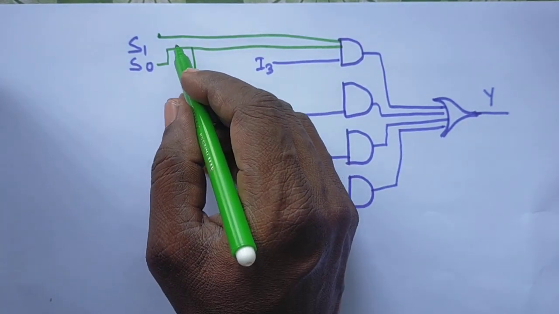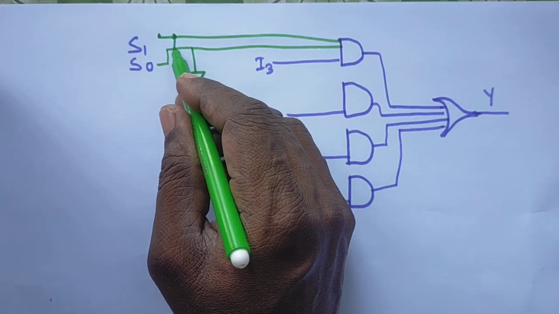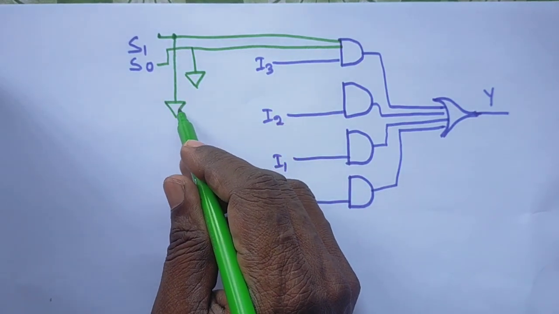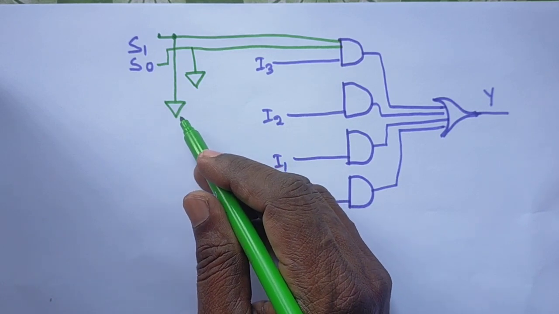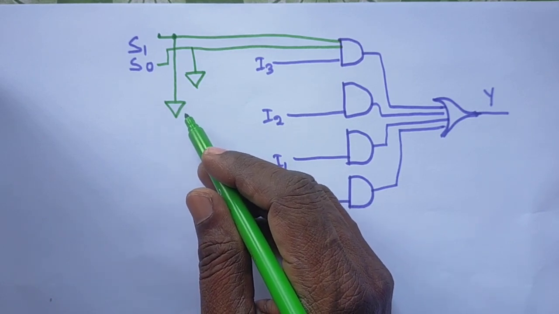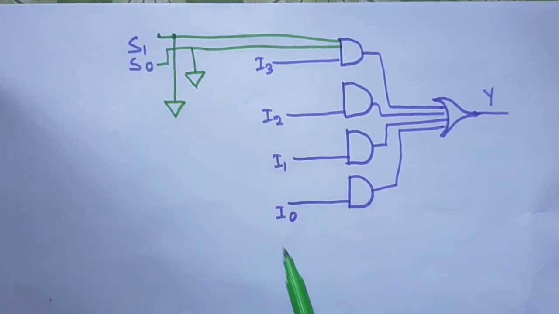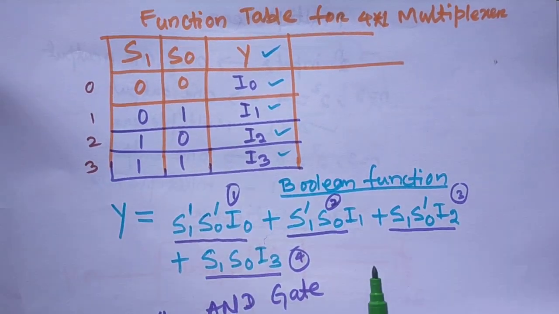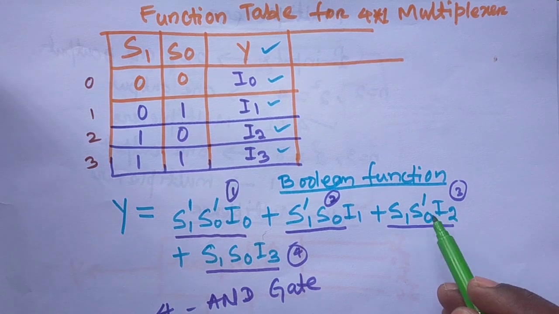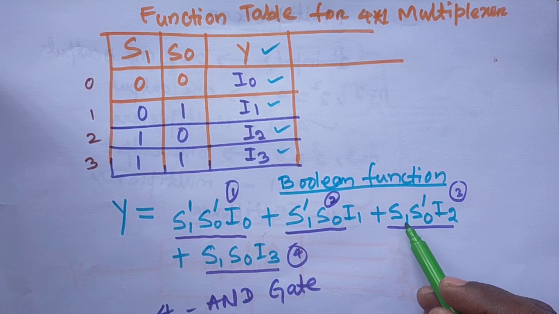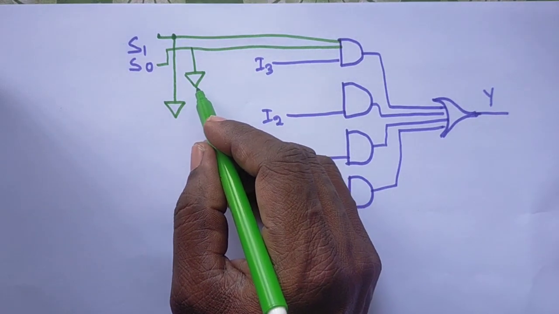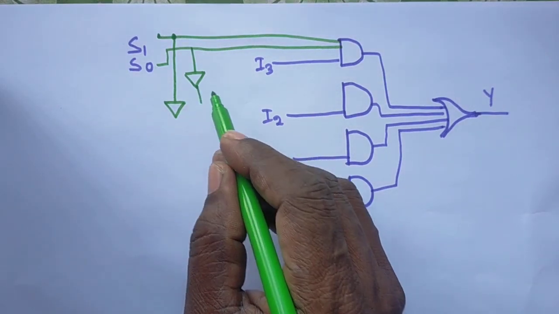Then another inverter we collect like this. Very simply, whenever it is necessary, we can consider one inverter. After that, we will see how data is received from S0 to S1. For I2, S0 complement and simple S1. So S0 complement we can consider in this way.